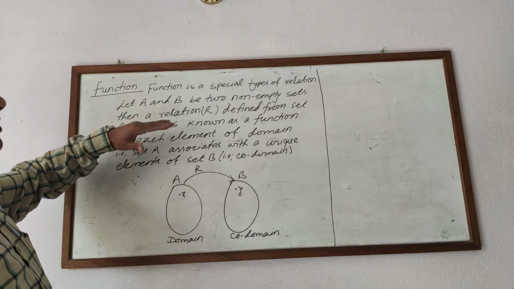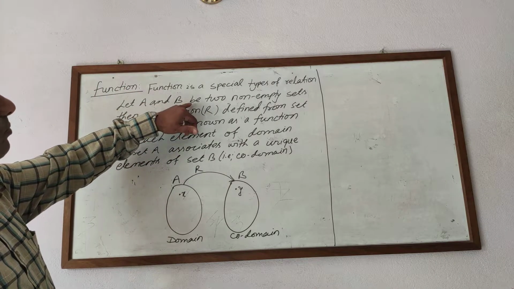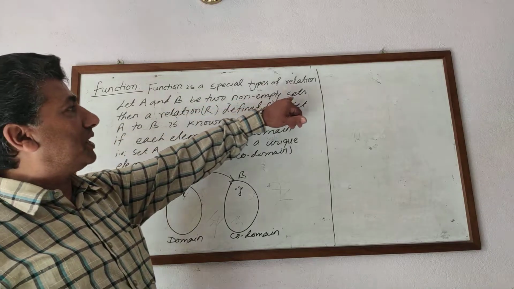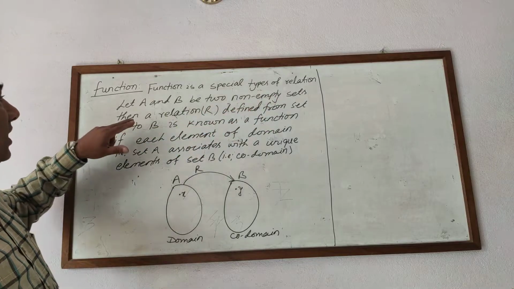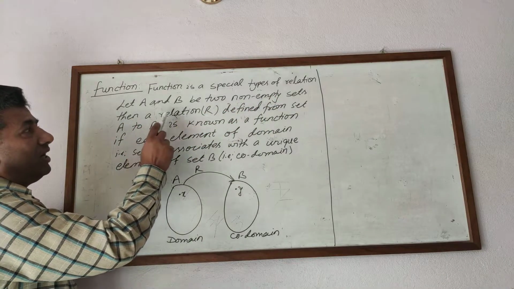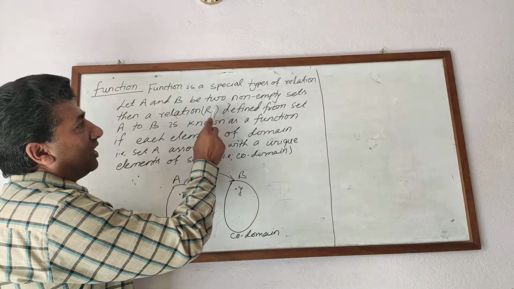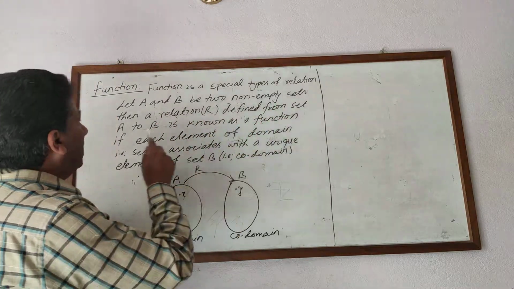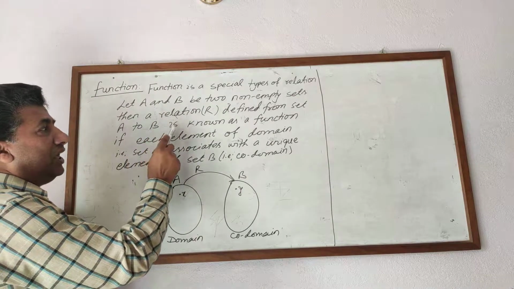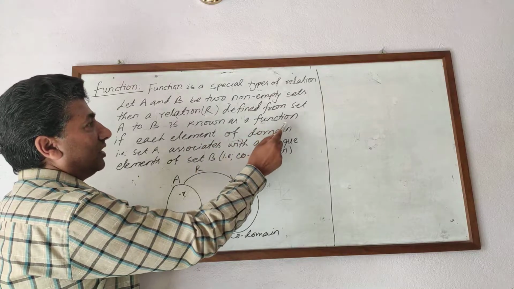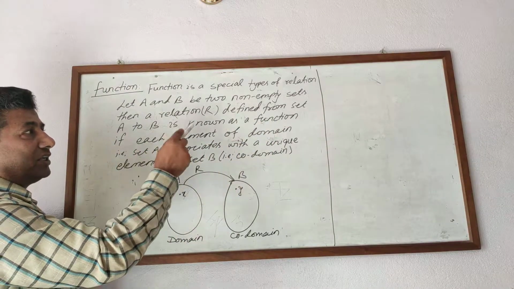Okay, now definition of function. Let A and B be two non-empty sets. Then our relation R, I have written here, our relation R defined from set A to B, is known as a function. Now, in which condition will it be a function?